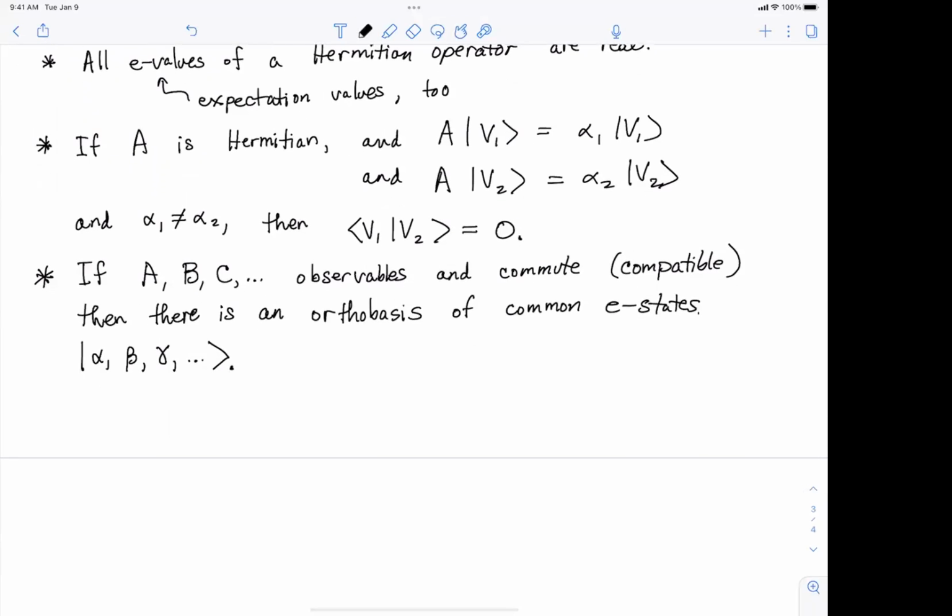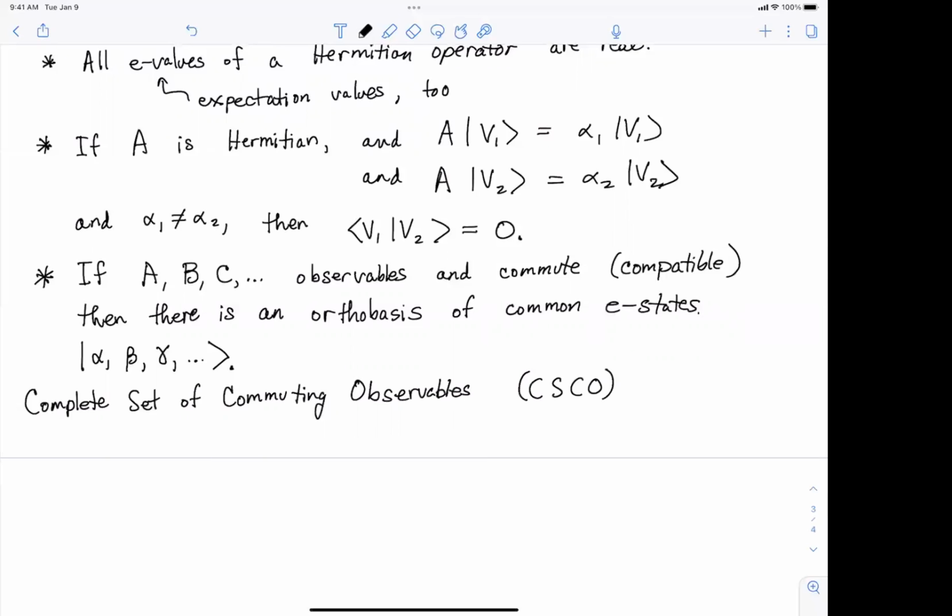So a closely related thing is the concept of a complete set of such observables. A complete set of commuting or compatible observables takes way too long to say, so we always say it as CSCO. It is a set of such operators, A, B, C, but there's almost always a finite number of them, usually 2 or 3 or 4, not an enormous number.